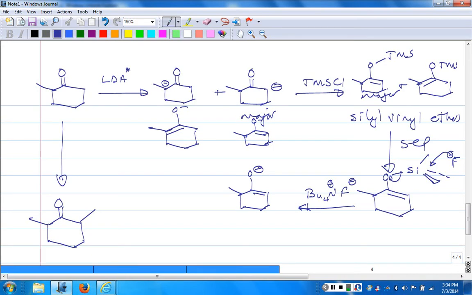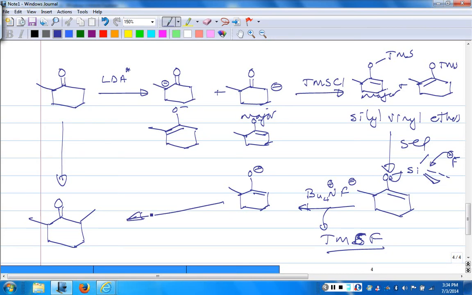Although it's not so much a protection because we weren't going to hurt it, right? But we were masking the enolate, which we couldn't separate, as something we could separate. And then we separate and carry out our unmasking. And of course, the other product of this reaction would be trimethylsilyl fluoride. Trimethylsilyl fluoride.